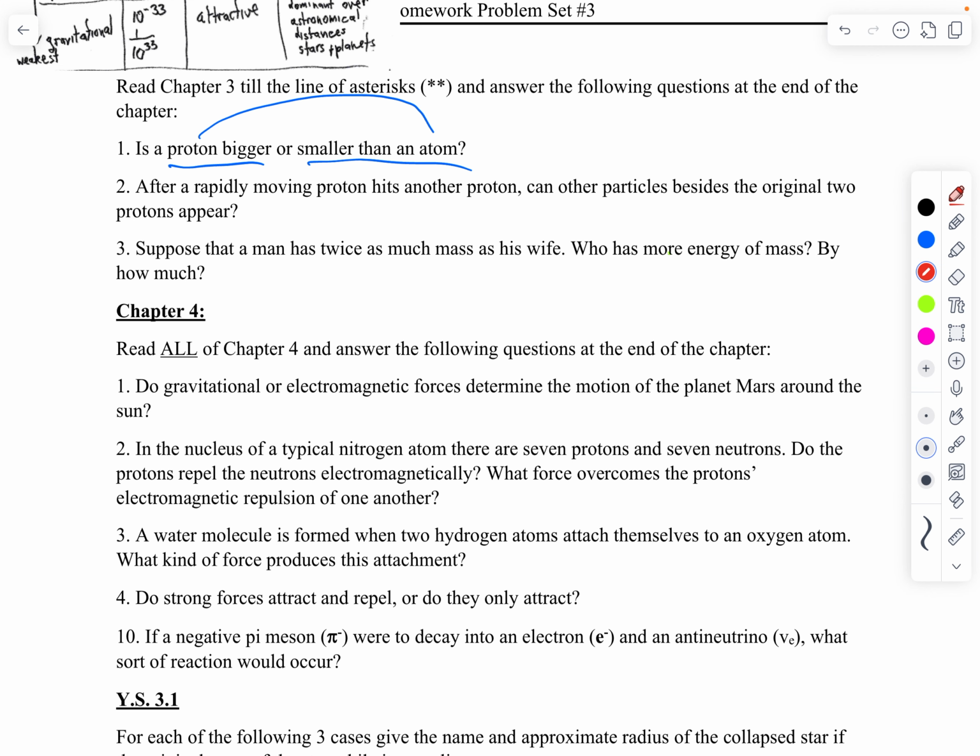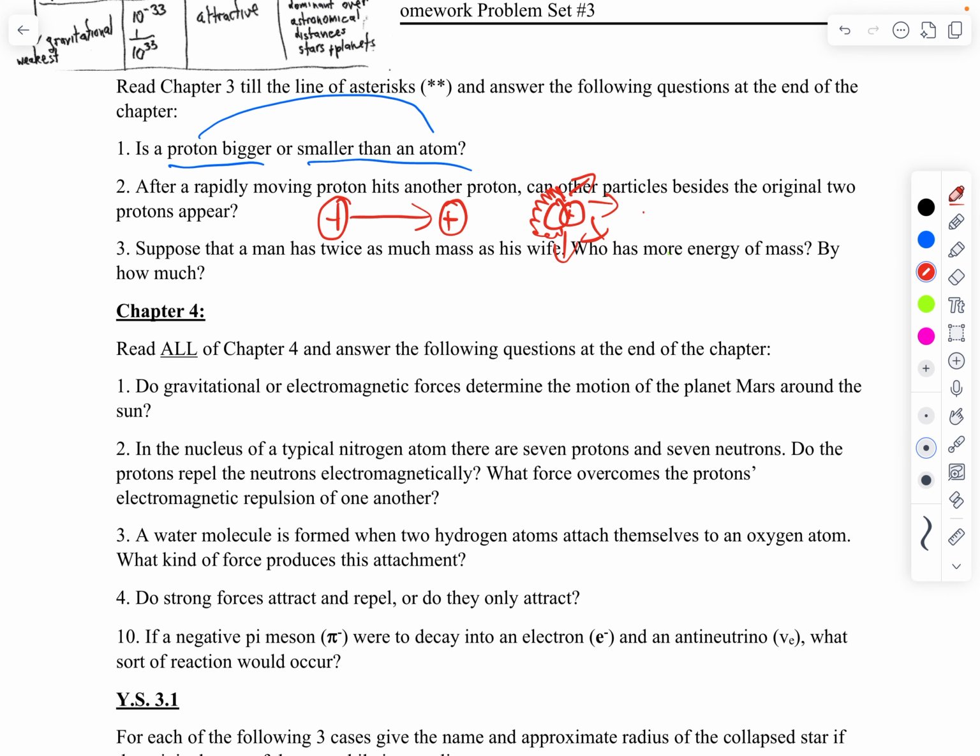A moving proton hits another proton. This one will hit this one, creating some energy. Then they will shatter, and whatever units are smaller than the proton would be released, creating new matter like the anti-mesons, all those things.